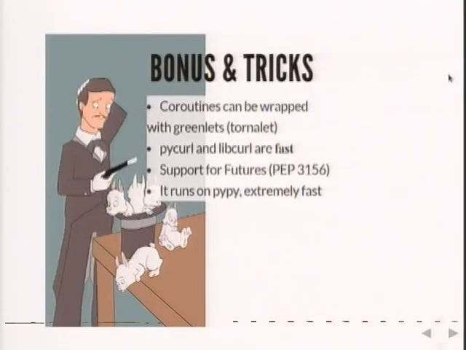Bonuses. In Tornado 4, yet again, everything is pretty much a coroutine, and nearly everything will also return a future. Skipping onto the second to last line there, support for futures. Of course, futures is now no longer just PEP 3156. It is in 3.4 and also backported in the Tulip library. So if futures are available, Tornado will actually use concurrent.futures as opposed to its own.